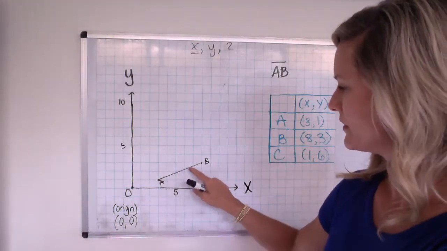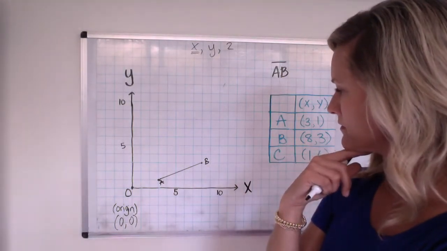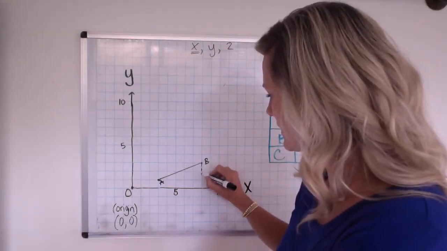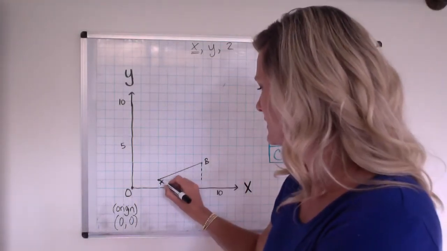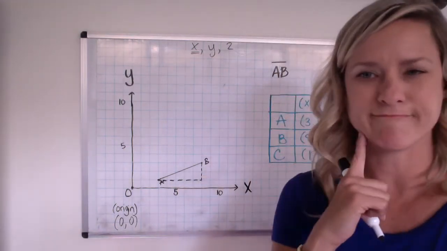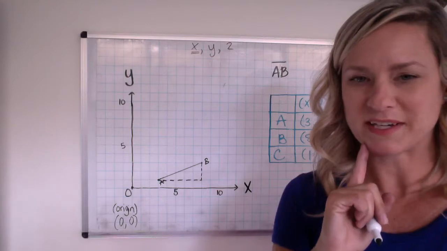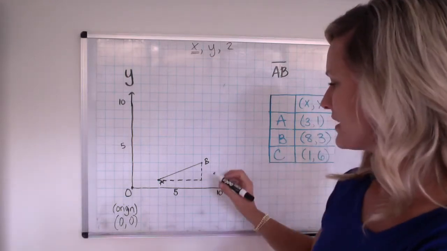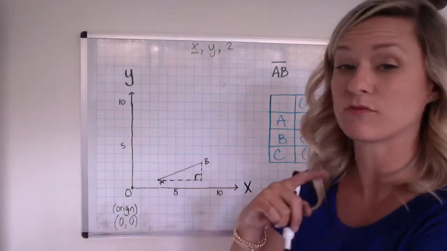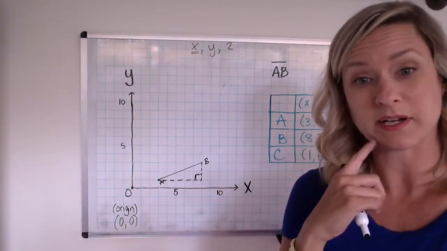So that's 5 units long. How about like this? Did anybody think about this? So maybe you thought about it like that, and maybe you realized that this right here forms a right angle, right? So maybe you thought about that.